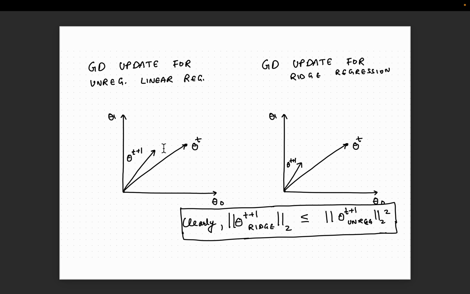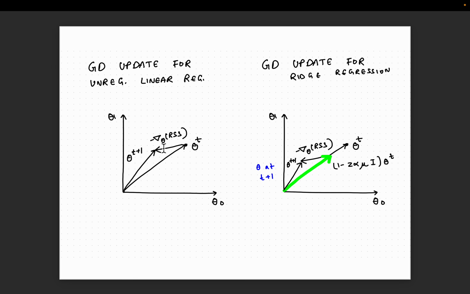This is a very important result to see. When you apply any amount of regularization, the L2 norm of the theta vector which you obtain would always be lesser or equal to the magnitude of the unregularized case. Because we have a shrinkage corresponding to this 1 minus 2 alpha mu I term, and then there is a gradient update.